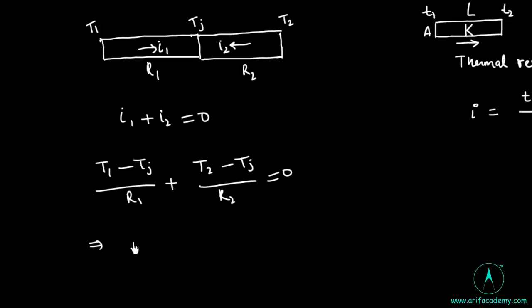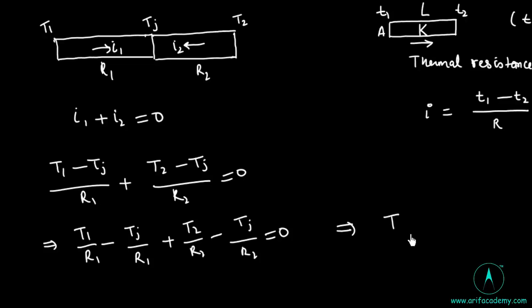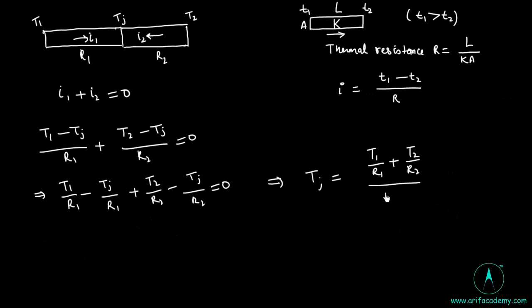Solving, we have T1 by R1 minus Tj by R1 plus T2 upon R2 minus Tj by R2 equal to 0. This gives the temperature of the junction equal to (T1 upon R1 plus T2 upon R2) whole upon (1 by R1 plus 1 by R2). So this can be written as summation of Ti by Ri upon summation of 1 upon Ri.